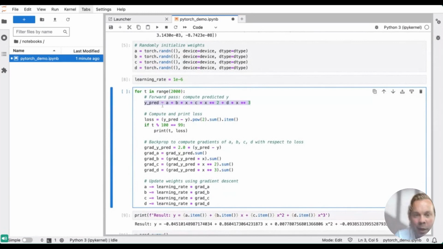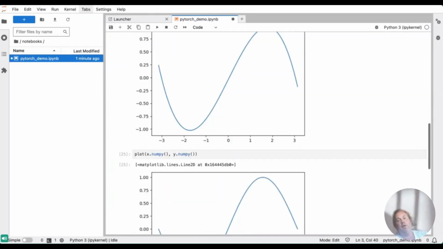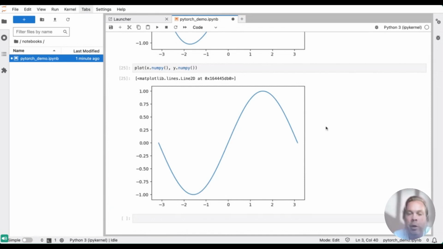We want to do it by having a constant, a number, plus another number times x, another number times x squared, and then another number times x cubed. So basically, if you remember back to your calculus days, the sine curve could be approximated with enough of those.